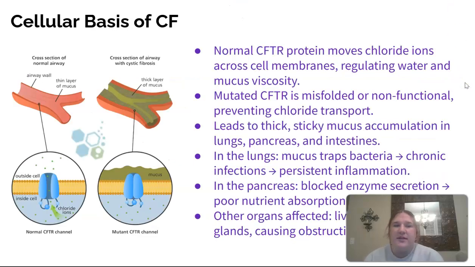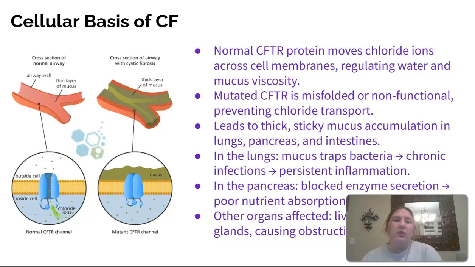So, the cellular basis of cystic fibrosis. Normal CFTR protein moves chloride ions across cell membranes to the outside of the cell, and it regulates water and mucus viscosity. As you can see on the left, this section shows the CFTR protein on the membrane, and it's letting those chloride ions out.